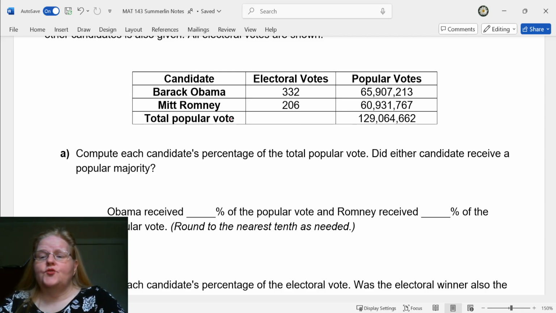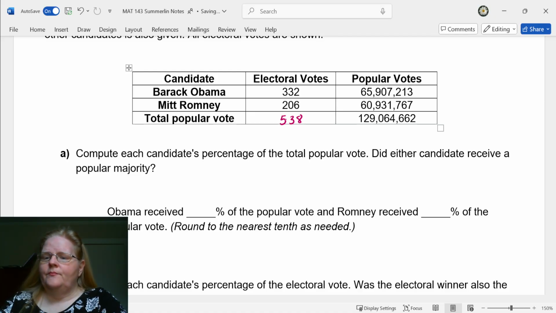And because we don't know what year it's from, you need to add it up every single year. Some of the past years, it was really small. So go ahead and add it up because we don't know if it's always going to be 538 or not. Total popular vote.